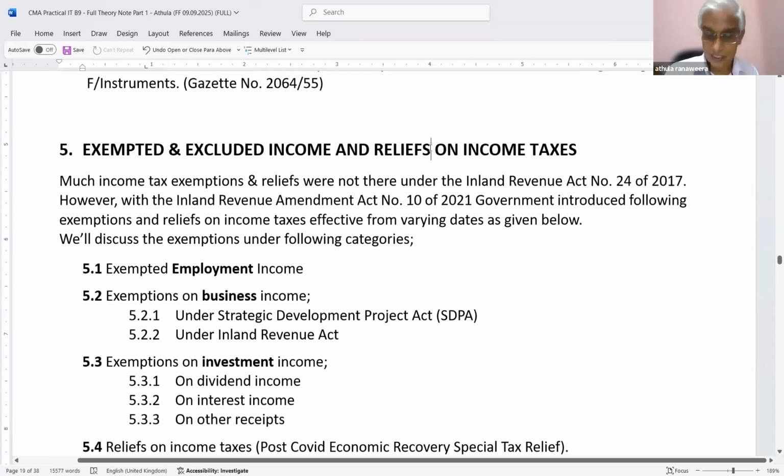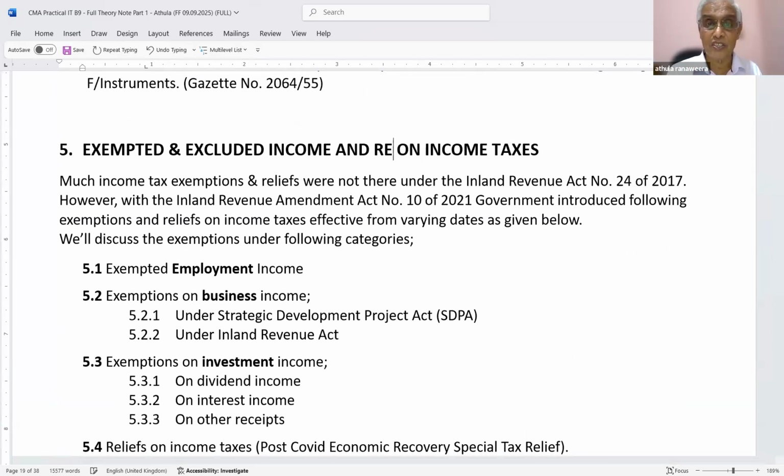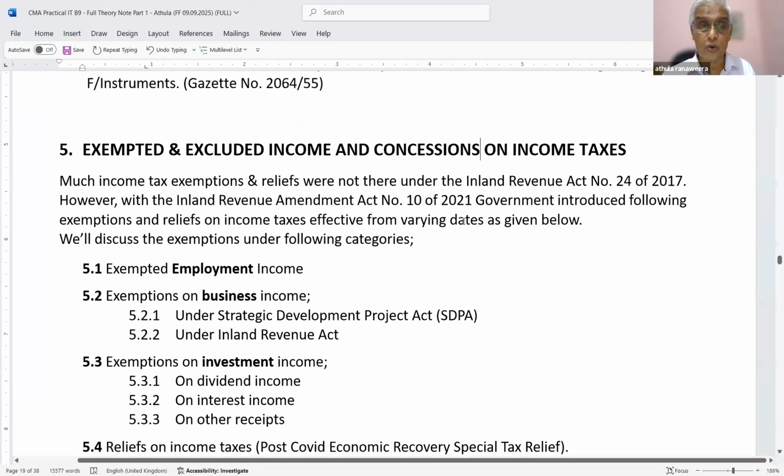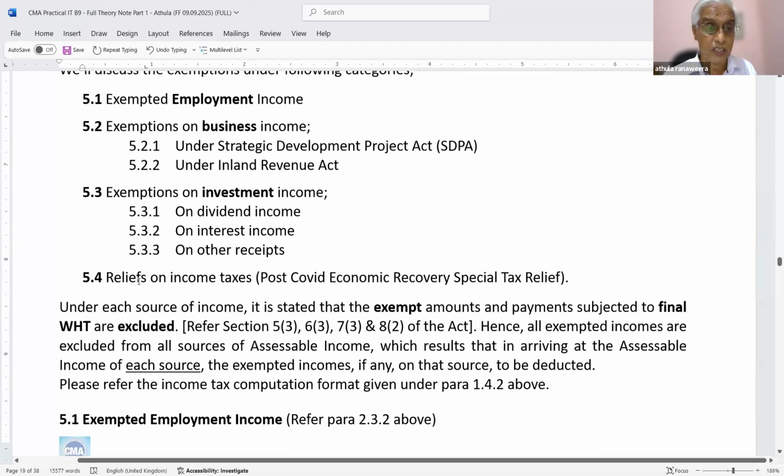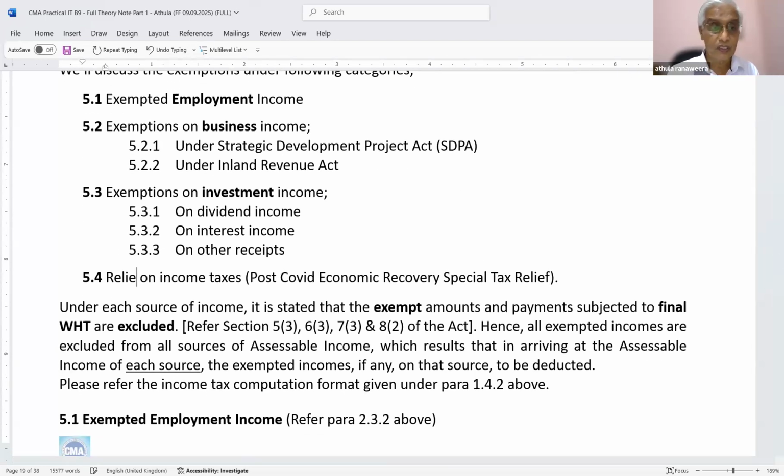Concessions. Yes, we can call it concessions. I think that is better, because in the tax law, in another place, there is a technical term called relief. Therefore, we'll call it concessions.